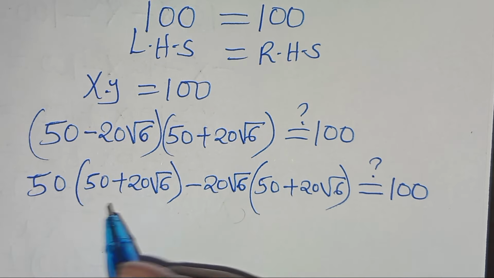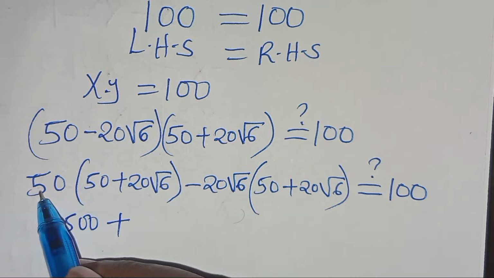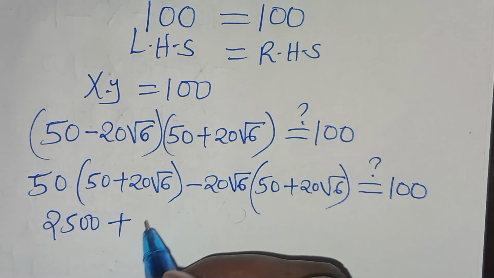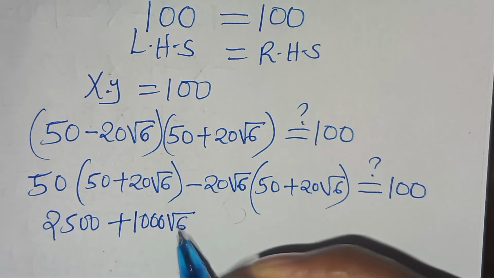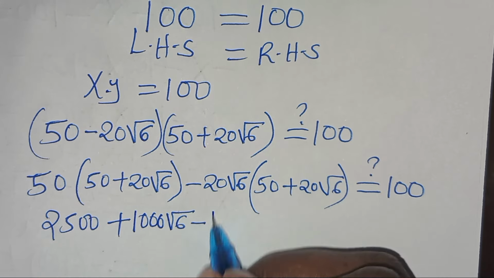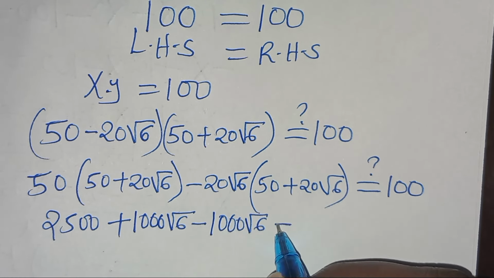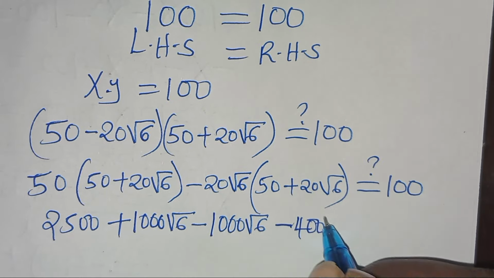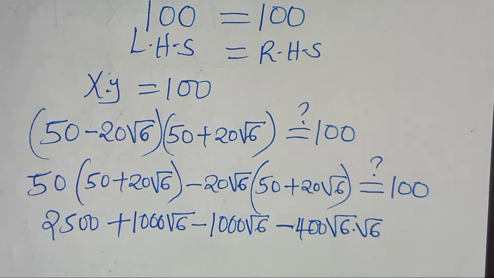So we have 50 times 50, this is 2500, then plus 50 times 20 square root of 6, so this is 1000 square root of 6, then minus 1000 square root of 6, then minus 20 times 20, so this is 400, then square root of 6 times square root of 6.